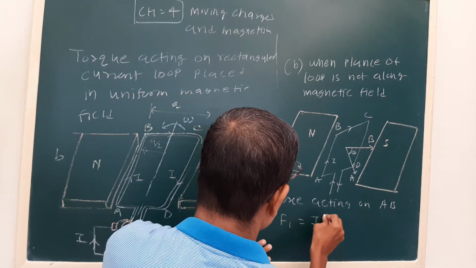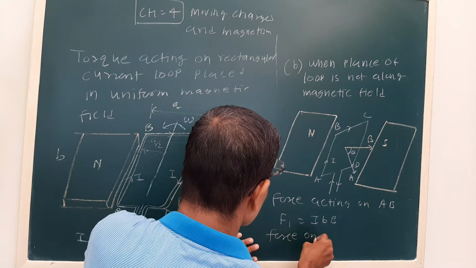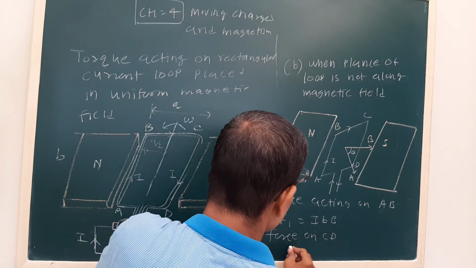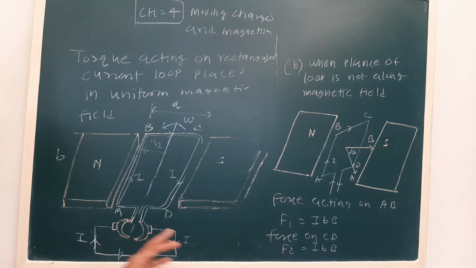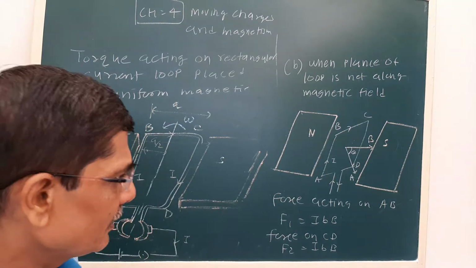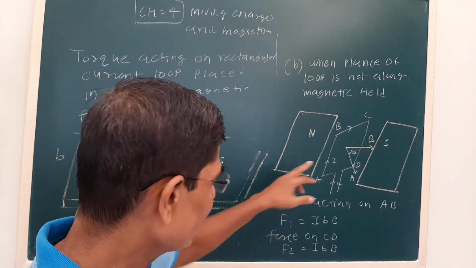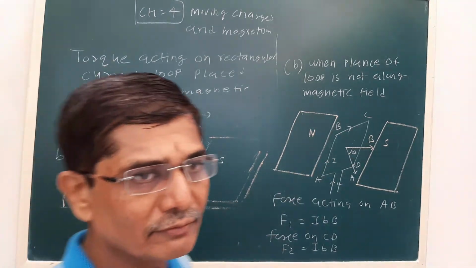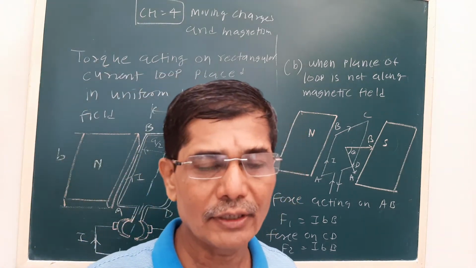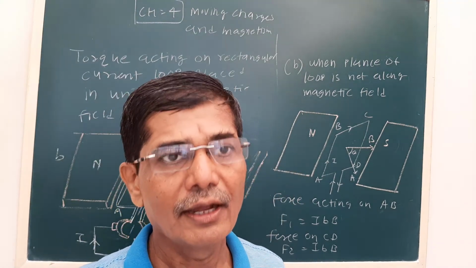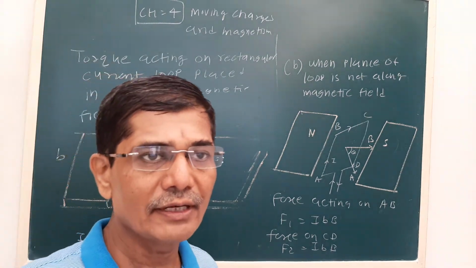That is IBb. Similarly, the force on CD is F2. Here also the forces are of equal magnitude, but their direction is making some angle theta. Now we have to calculate the torque. Torque is force into perpendicular distance, so here we have to calculate the perpendicular distance between forces F1 and F2, which are of equal magnitude.